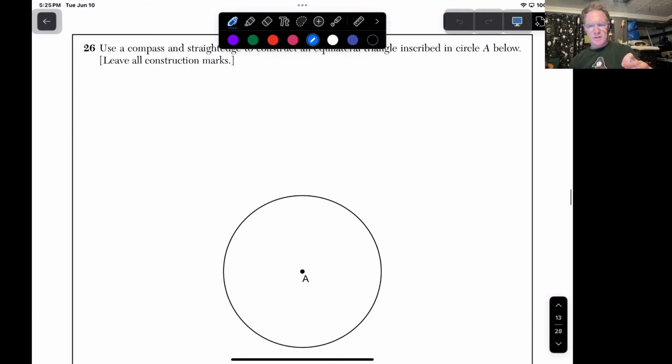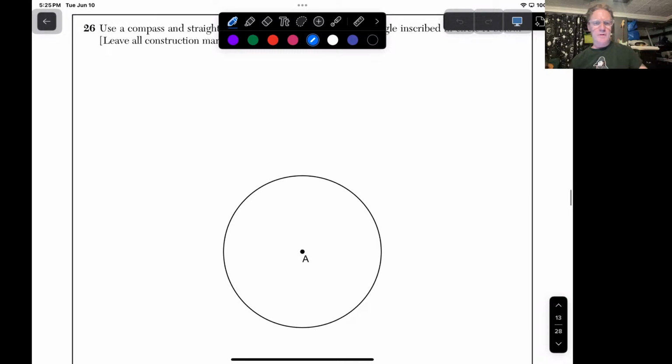Oh, use a compass and a straight edge to construct an equilateral triangle. Well, I don't happen to have a compass with me. I left them all at school. But here, let me show you what I would do.